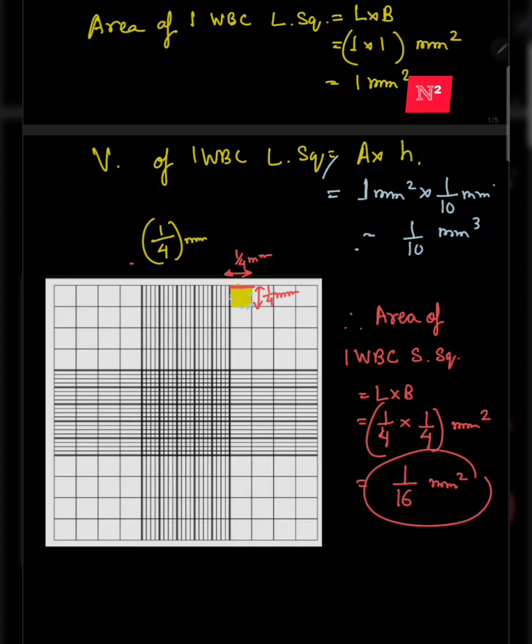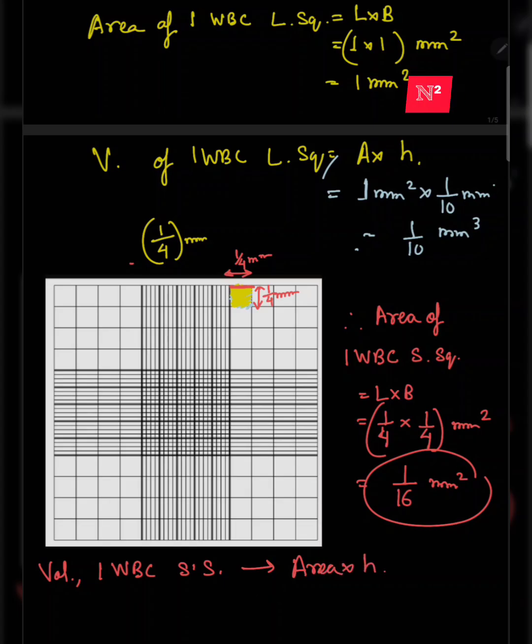So done. Now similarly, if you want to calculate the volume of 1 WBC small square, what will that be? The volume will be area times height.